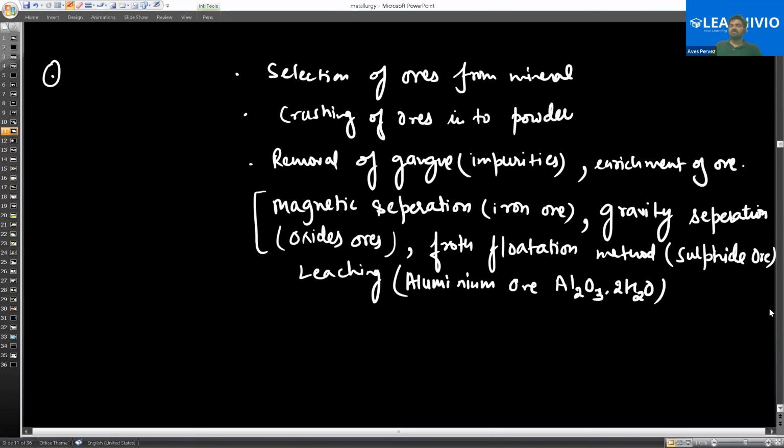These are the various methods that we use for removing the impurities, like magnetic separation, gravity separation. Froth flotation is generally used for sulfide ore, and leaching for aluminum ore.